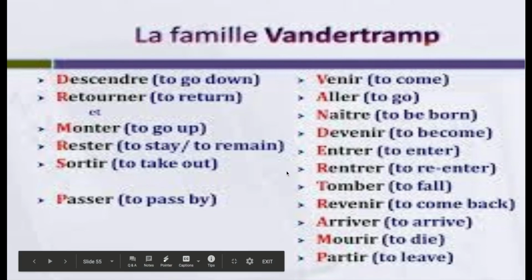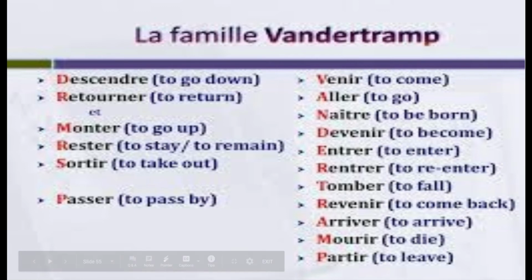So if you were to memorize that, that also is all of the 17 verbs that take être in the passé composé. So whatever works for you, at some point you're going to want to memorize them. Probably not this trimester, definitely not this trimester. But I had to memorize them.